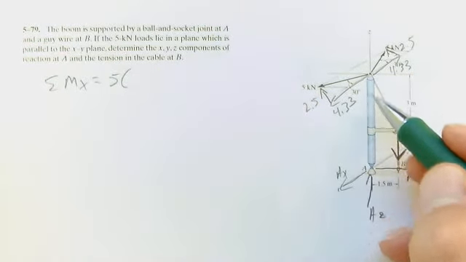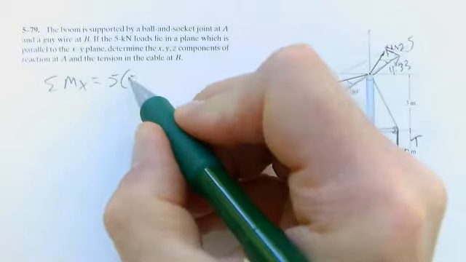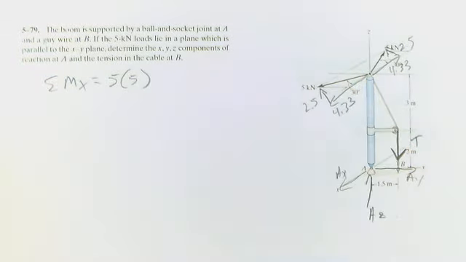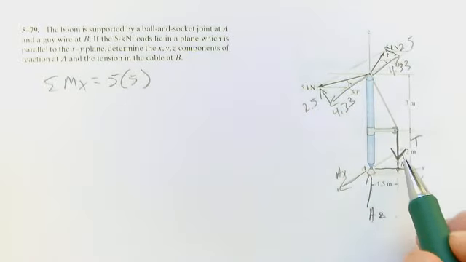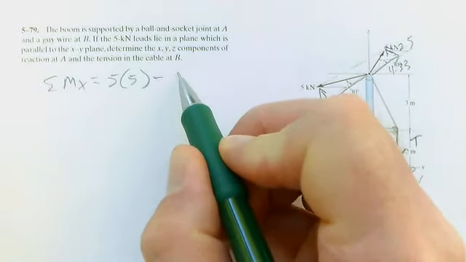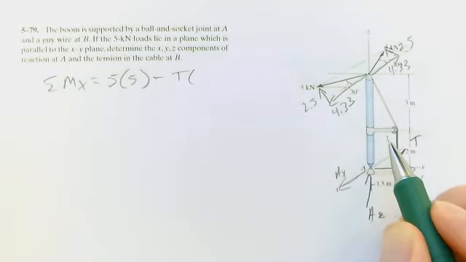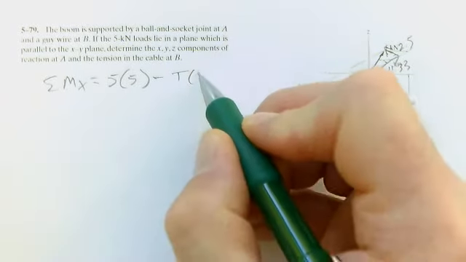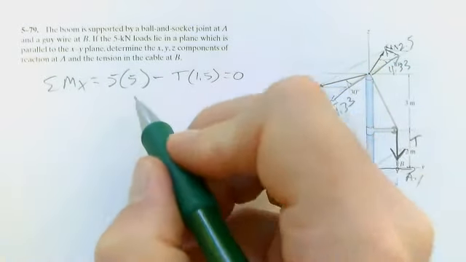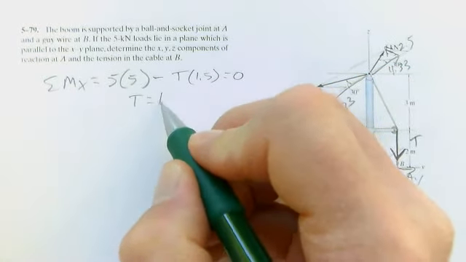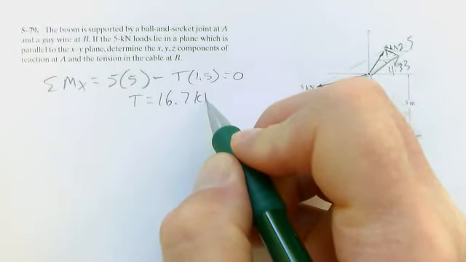And they are acting at a height of 5. And they are going to cause rotation in the positive x. T is going to cause rotation in the negative x, and it has a distance there of 1.5. So solving, T equals 16.7 kilonewtons.